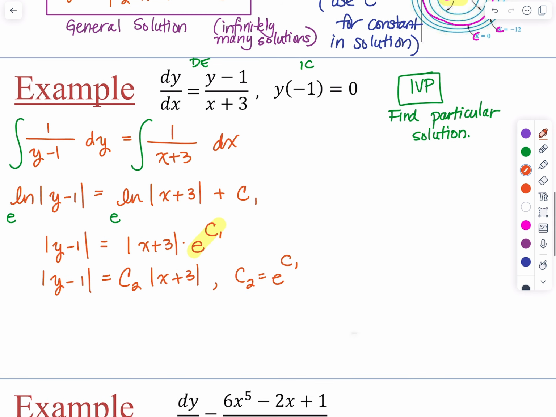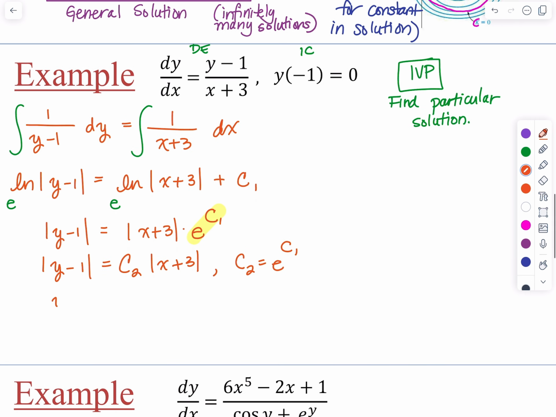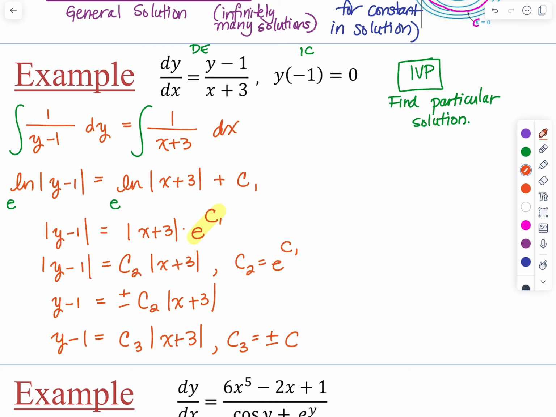Again, we are solving for y. So in order to remove the absolute values, we have to write plus or minus the right-hand side. And then, of course, we have c3 multiplied by the absolute value of x plus 3, and c3 is plus or minus c2.